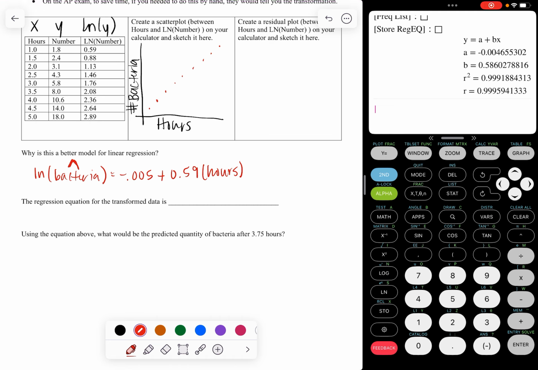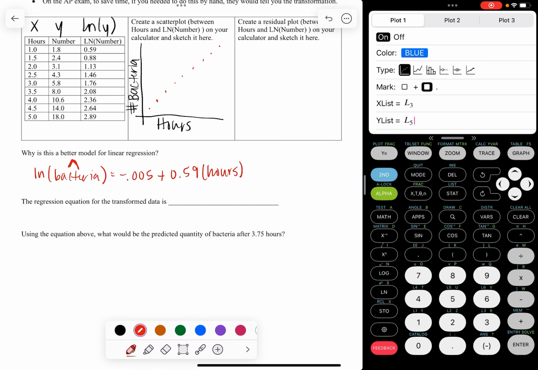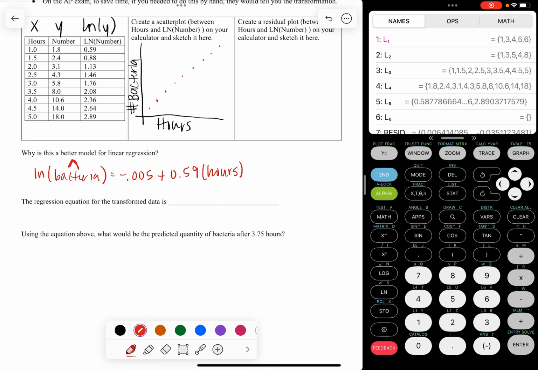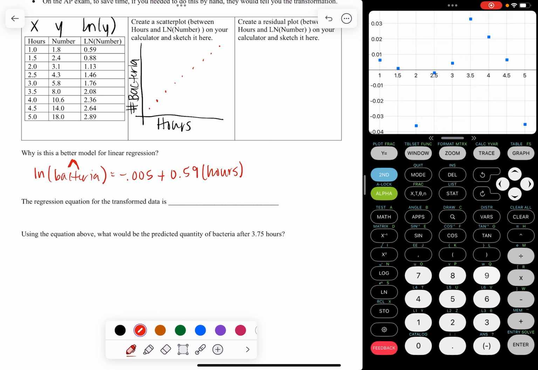So now let's go in and find the residual plot. Second y equals, I'm going to go to y list, delete what's there, second stat, and number 7, and it should be the residual plot. Zoom 9. And what you should be looking at is a plot that should look something like this.